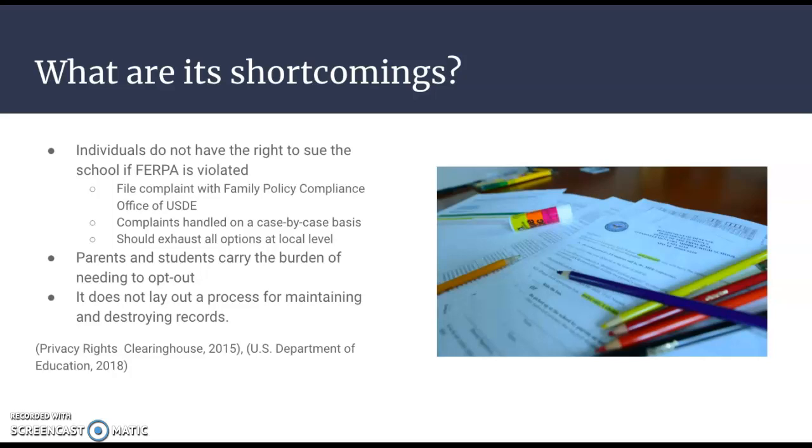So you just need to make sure that the parents have that opportunity and that they see the email, but that burden honestly falls to the parent. It also does not lay out a process for maintaining and destroying the educational records, and it doesn't lay out a plan for how a parent could request that. That's all left up to the local level in your individual school districts.